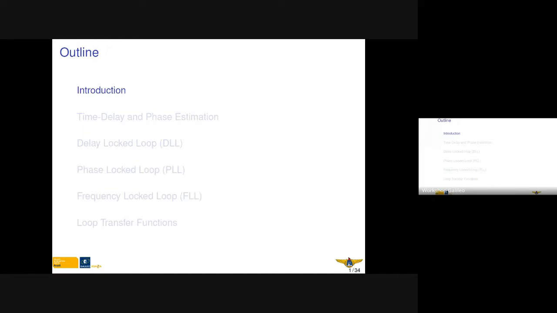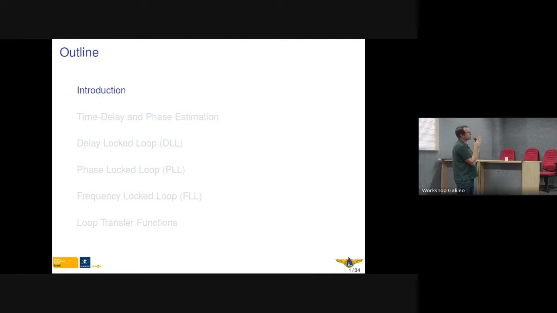to estimate parameters. We will now look at the case of first, we considered the case of time delay estimation in lecture 2. Then we had a look at time Doppler estimation in lecture 4.